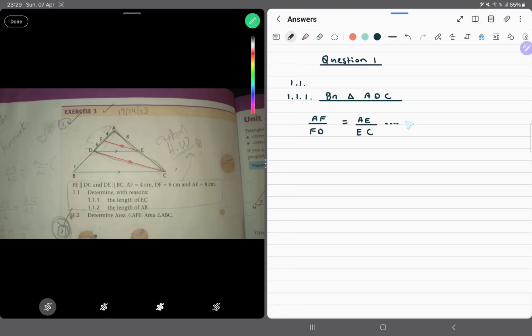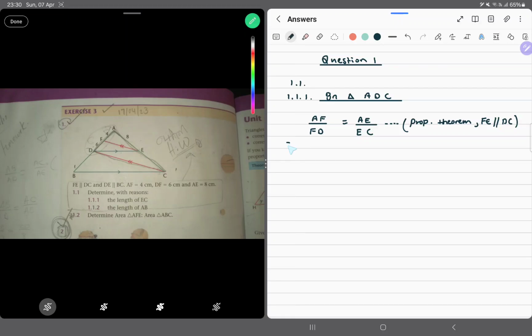So let's see what is the reason here. You always need to write one. This is the proportionality theorem. Now you need to mention which sides are parallel. So in there we can see that FE or EF is parallel to DC or CD. How you want to mention this is really not a big deal.